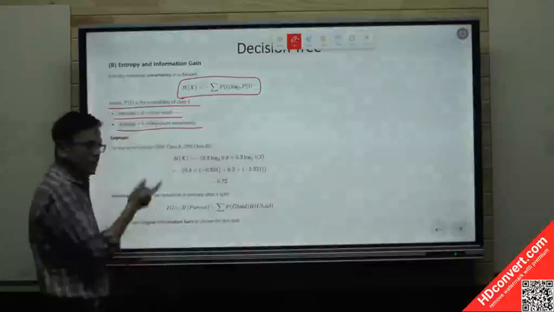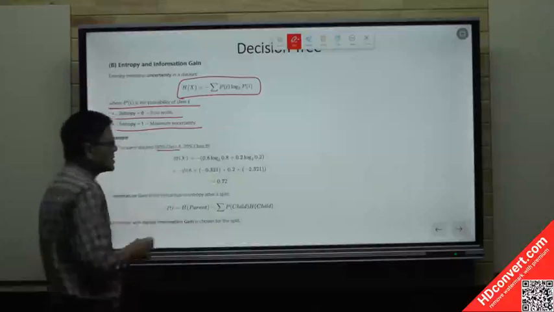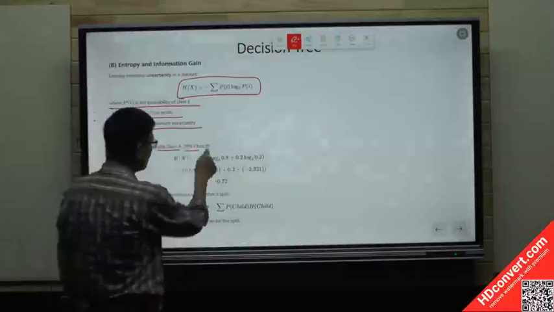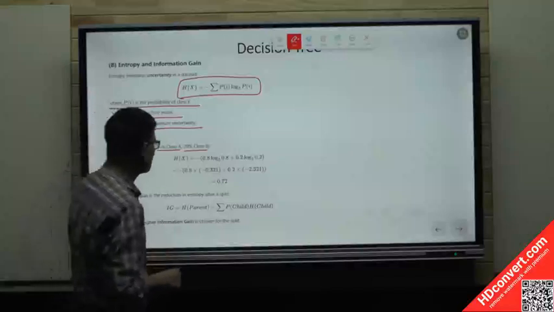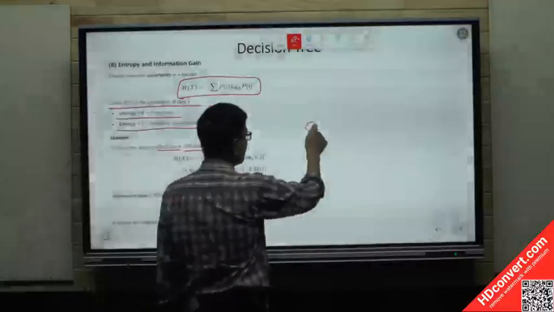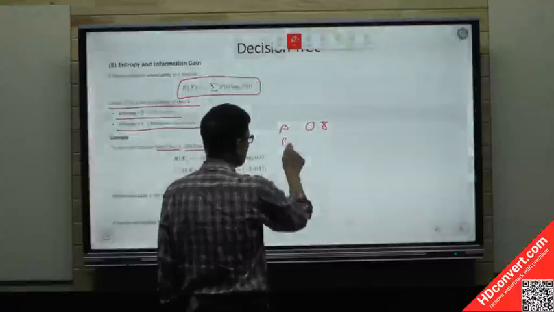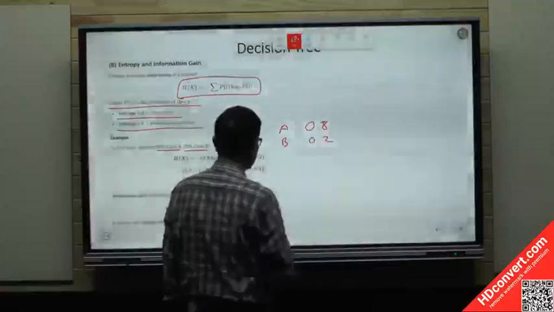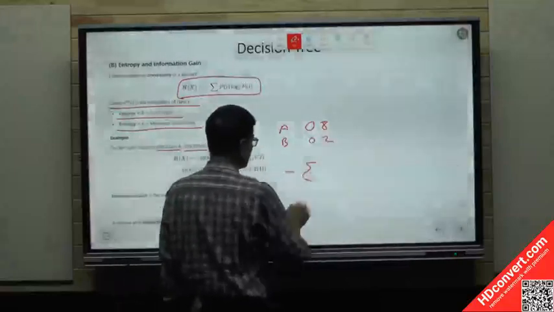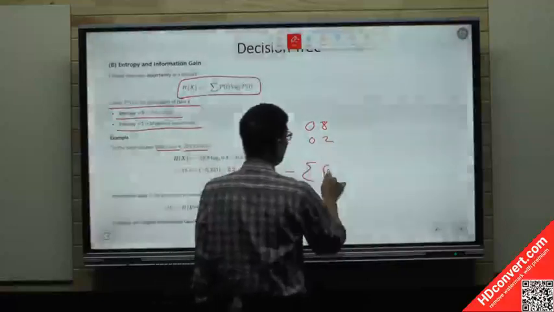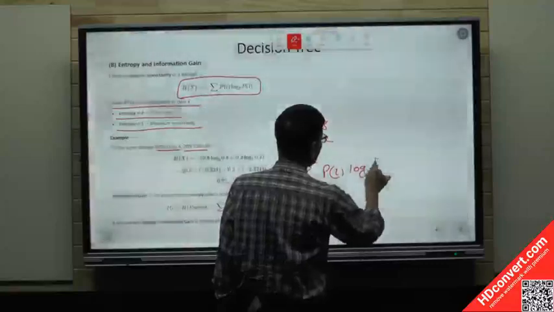For example, we take the same example: class A with 80% of the sample and class B with 20% of the sample. So you take the probability as 0.8 for class A and 0.2 for class B. Now you apply the summation of P i multiplied by log base 2 P i.